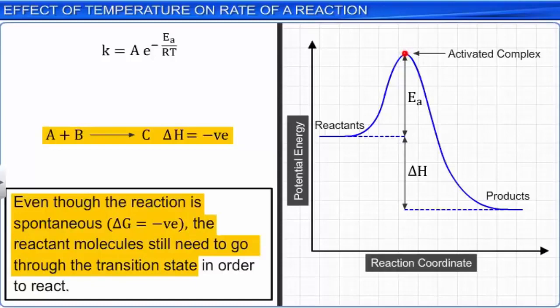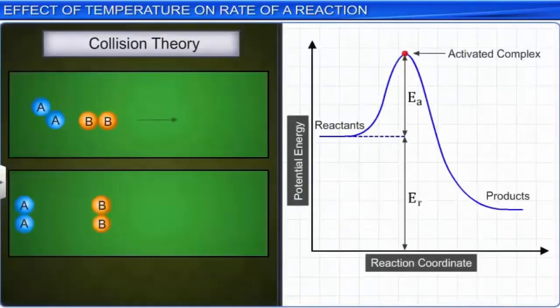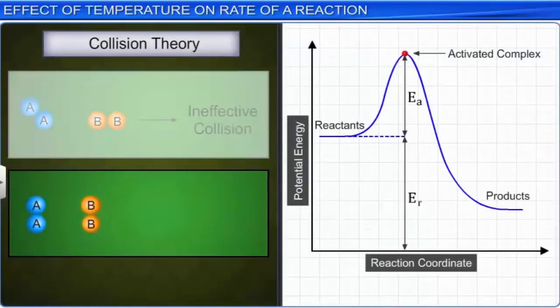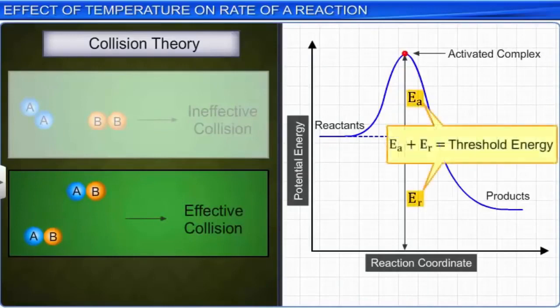It is important to note that according to the collision theory, only a small fraction of the collisions produce a reaction. These colliding molecules must collide with the proper orientation and with sufficient energy, called threshold energy, which is the energy possessed by reacting species plus activation energy.